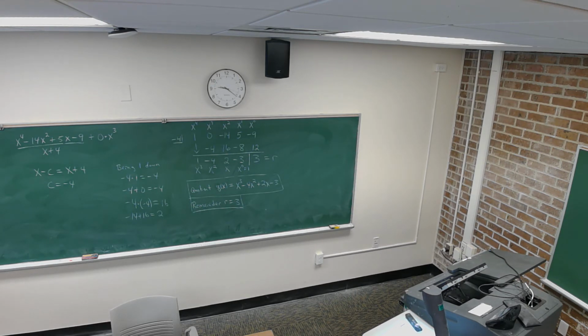The 4th degree polynomial x to the 4th minus 14x squared plus 5x minus 9 can be written as the divisor x plus 4 times the quotient x cubed minus 4x squared plus 2x minus 3 plus the remainder 3.